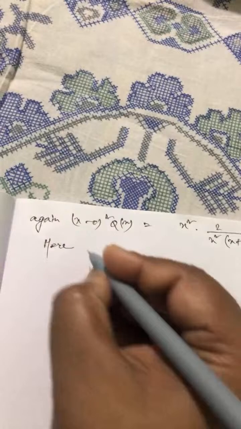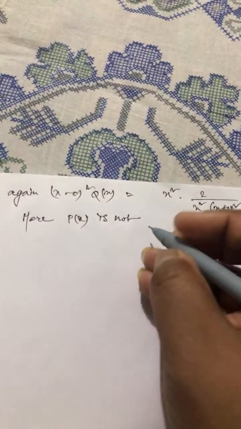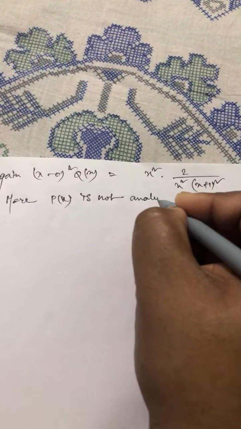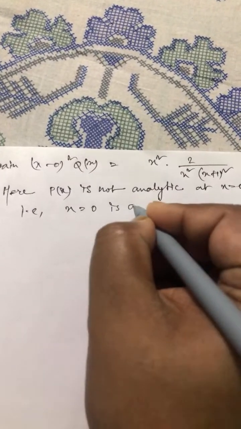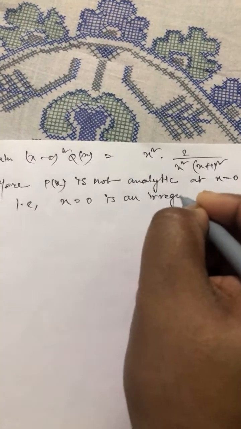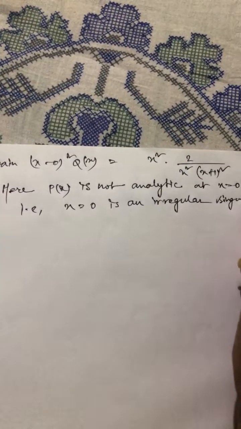Here x naught is 0. So you can say px is not analytic or well defined at x equal to 0. That simply implies x equal to 0 is an irregular singular point. Remember the definition.